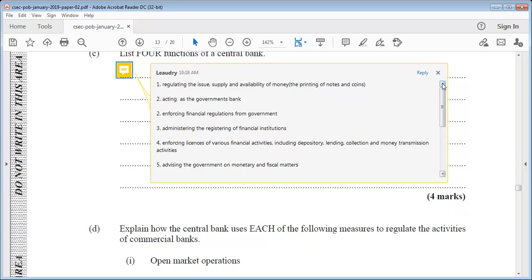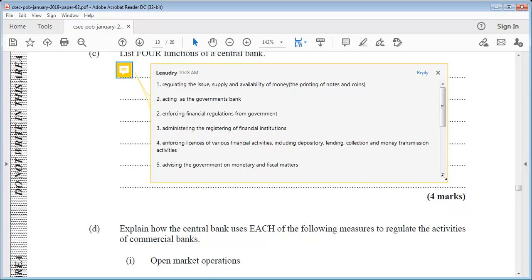That is the printing of currency of notes and coins. 2, act as the government's bank. 3, enforcing financial regulations from government. 4, administering the registering of financial institutions. 5, enforcing license of various financial activities, including depository, lending collection, and money transmission activities.